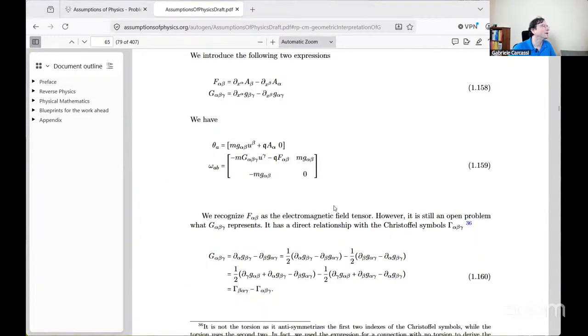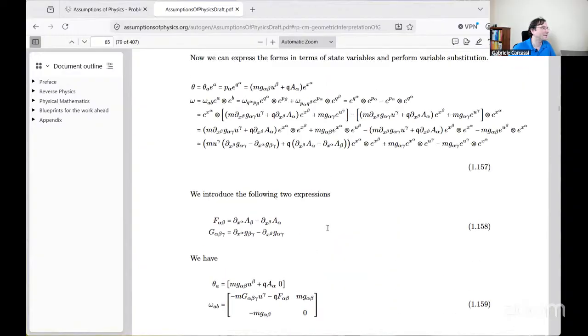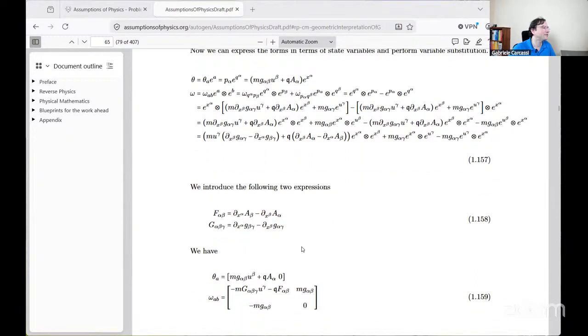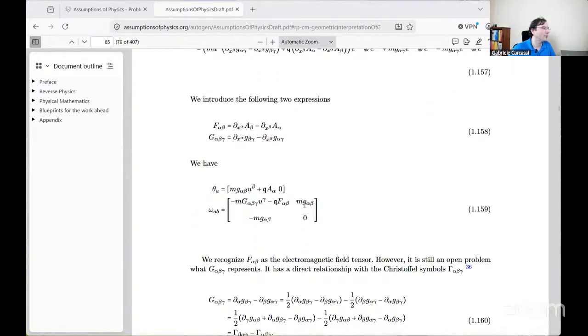Okay, so what we need to talk about is there a link here? Yes, there we go. So we saw that in classical mechanics, if we decide to formulate the symplectic form in terms of position and velocity, we get this form where the mass times the metric tensor appears on the position-velocity part of the symplectic form, and in the position part appears the electromagnetic force tensor, and this G alpha beta gamma contracted with the velocity.